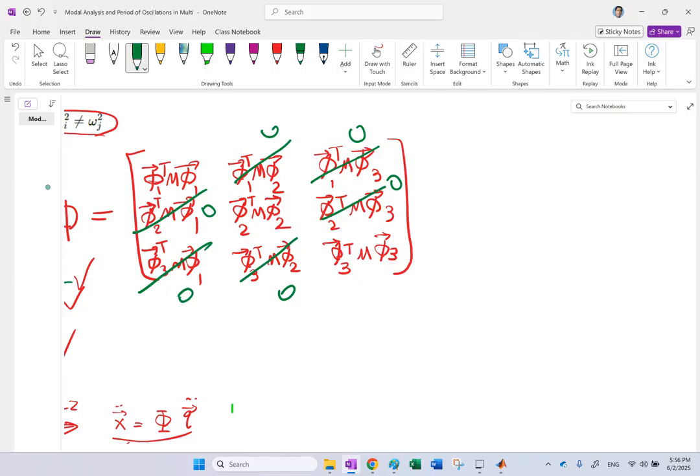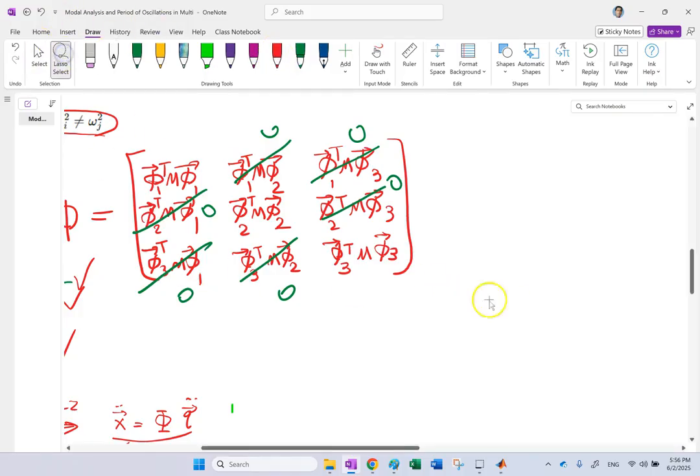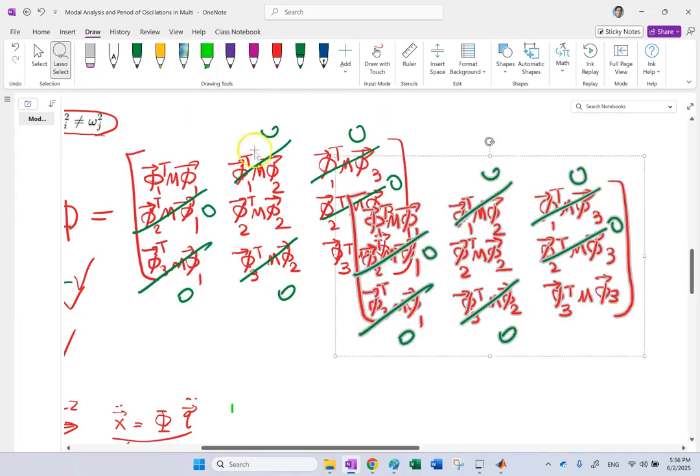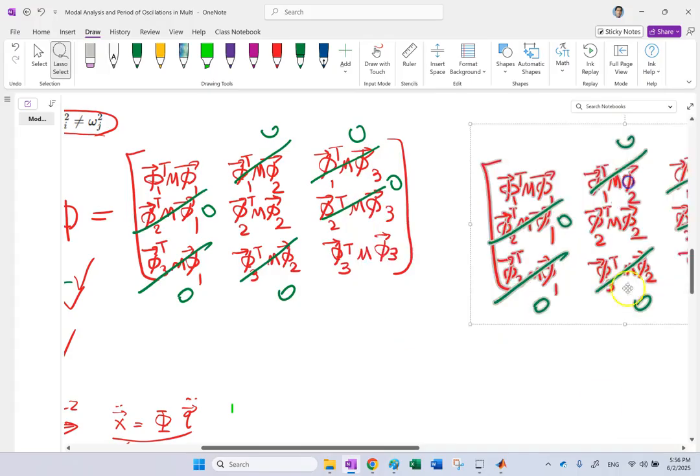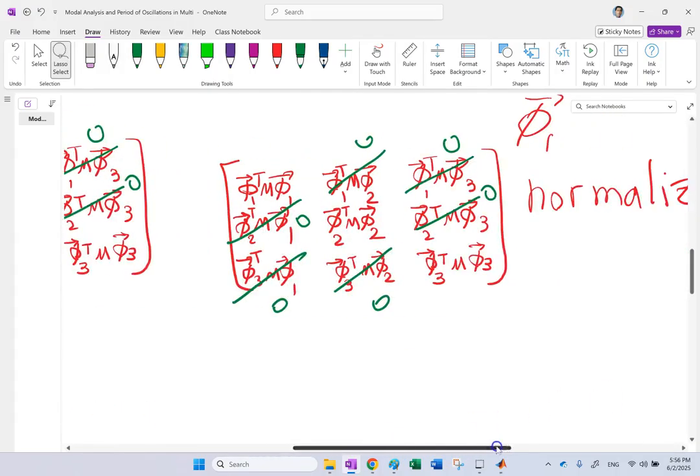Yes? Similarly, if you grab this whole thing and do it for the k matrix, so anywhere you had m, now you can replace them with k, the result is going to be similar.